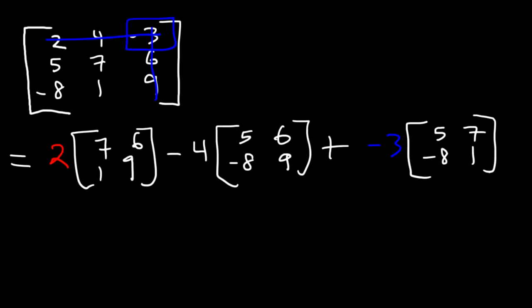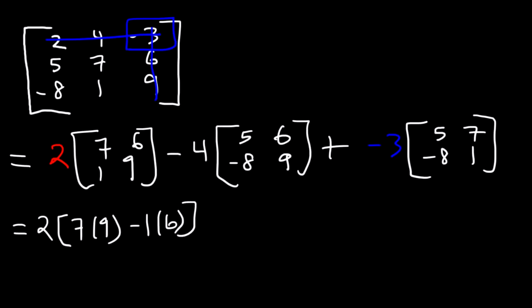Now let's evaluate these 2x2 matrices. So it's 2, and then it's going to be 7 times 9 minus 1 times 6. So multiply these two first, 7 and 9, and then minus 1 times 6. The next one's going to be 5 times 9 minus negative 8 times 6.